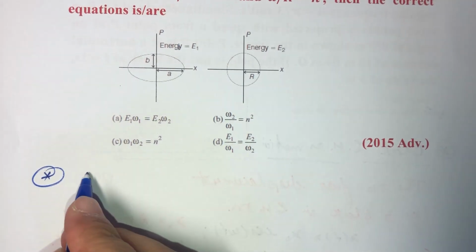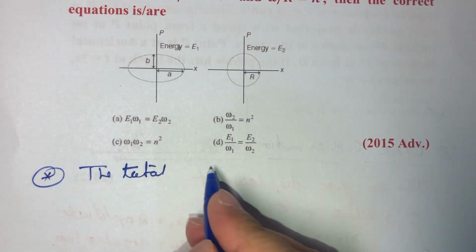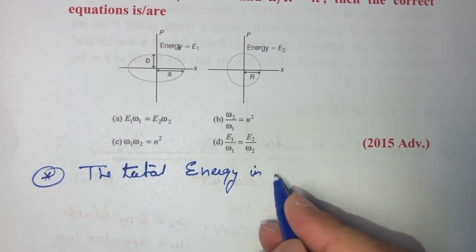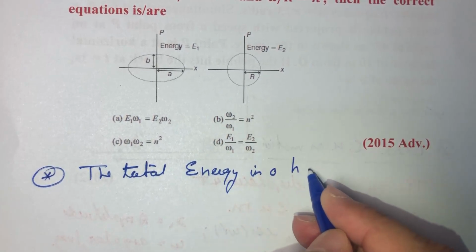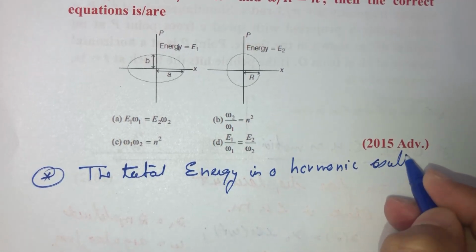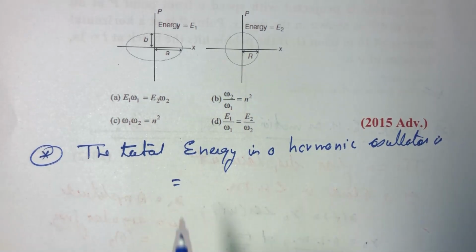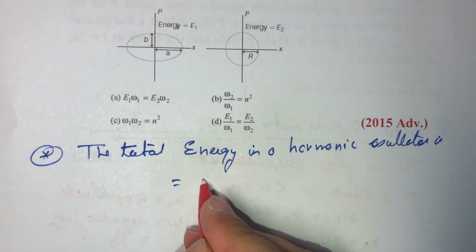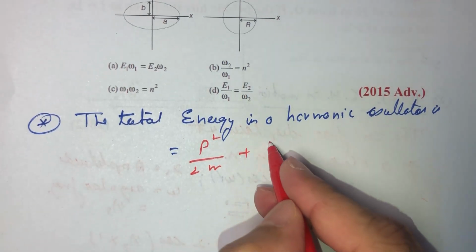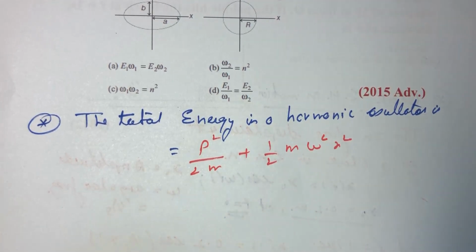So we know that the total energy in a harmonic oscillator is given by P square upon 2m plus half m omega square x square.